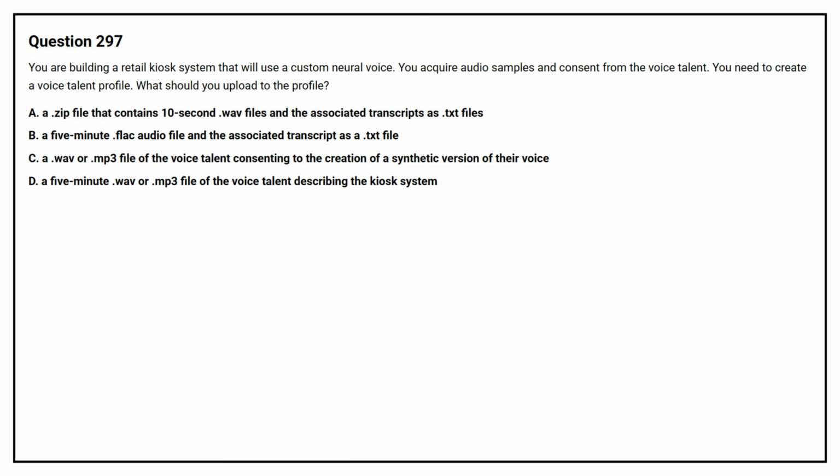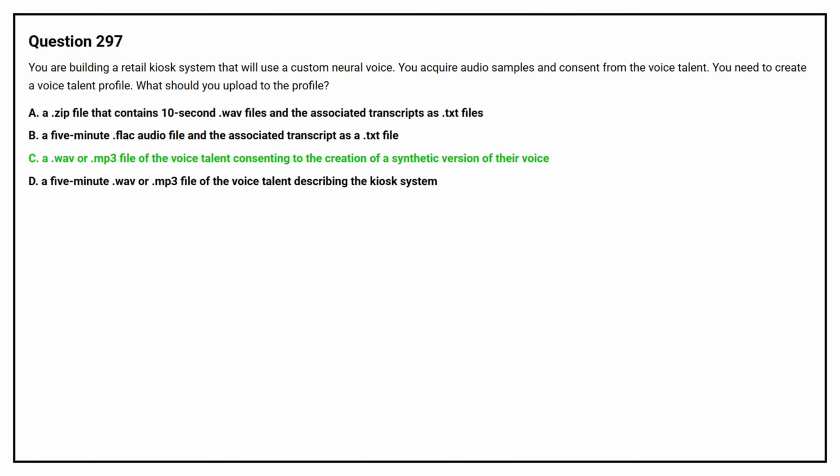Option C, a .wav or .mp3 file of the voice talent consenting to the creation of the synthetic version of their voice. Option D, a 5-minute .wav or .mp3 file of the voice talent describing the kiosk system.